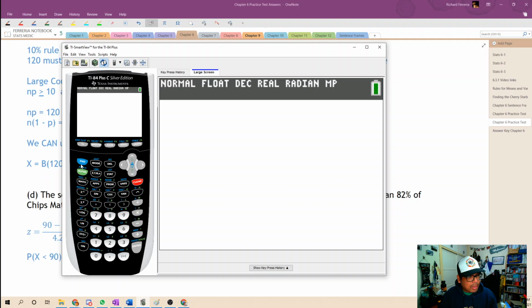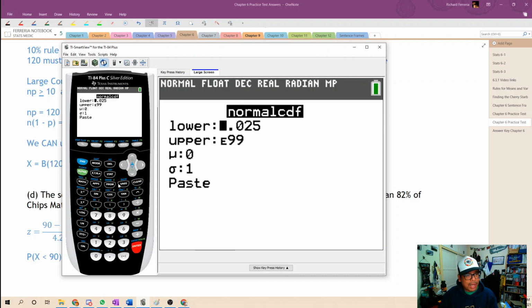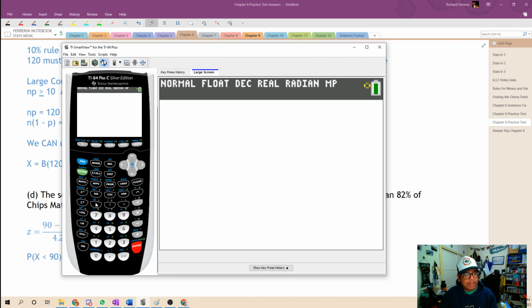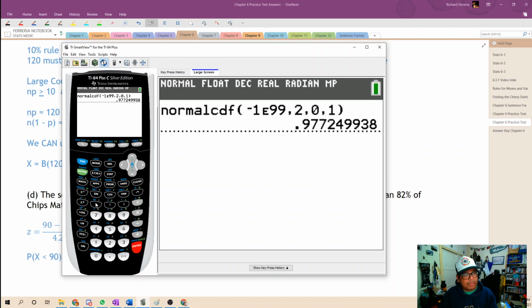Over on my calculator, I can figure that out with a normal CDF. So we want to go less than -2. So we'll do the probability from -1e99 to -2. Oh, -2, my bad. Let's change that to a -2.